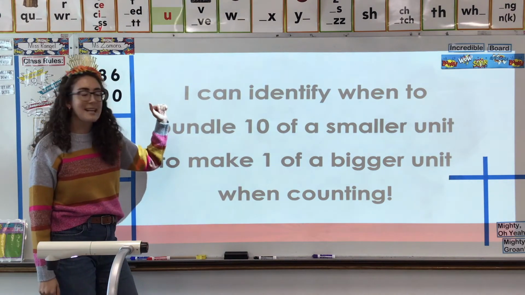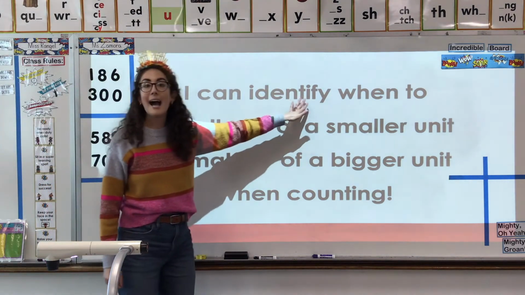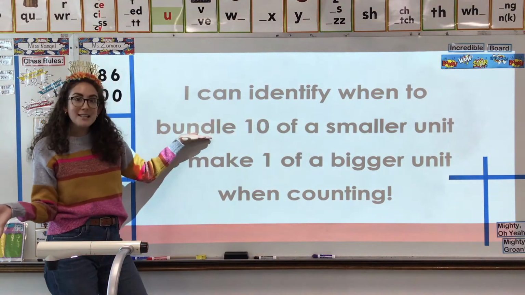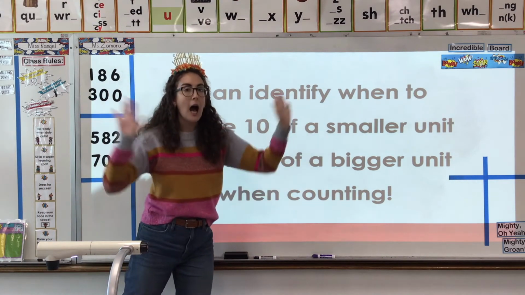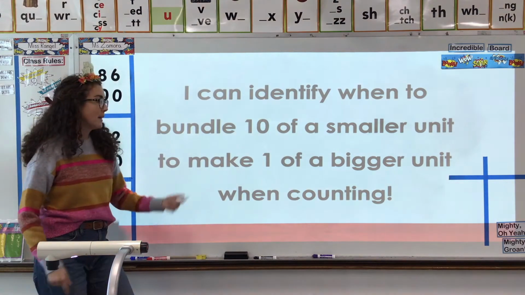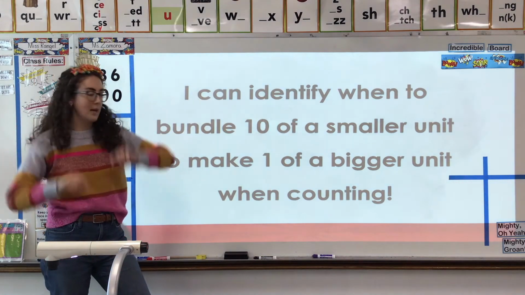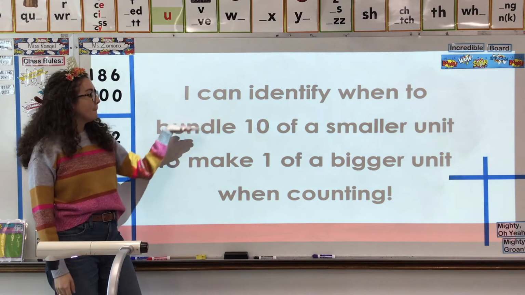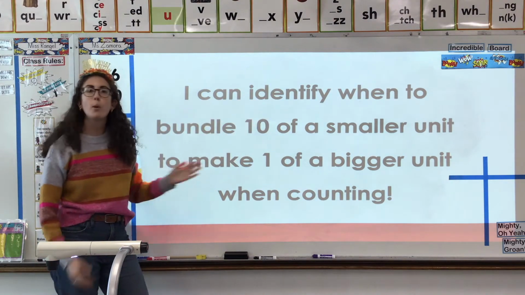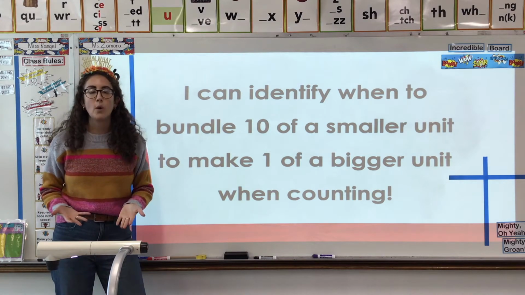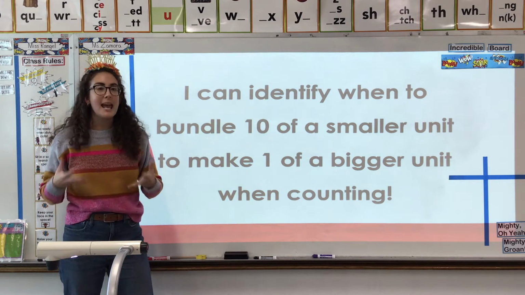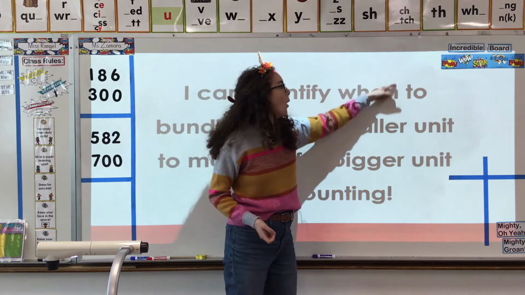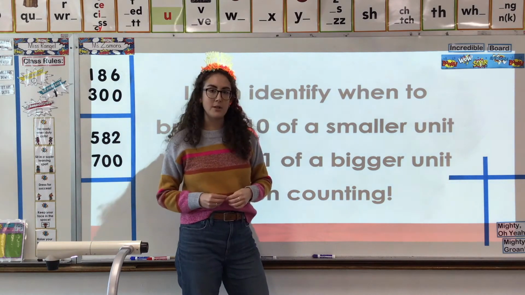Our learning target says, I can identify when to bundle 10 of a smaller unit to make 1 of a bigger unit when counting. I know we've seen bundling and this super important knowledge many times before, but we are going to be taking it to the next level today and really focusing on when we have to bundle.